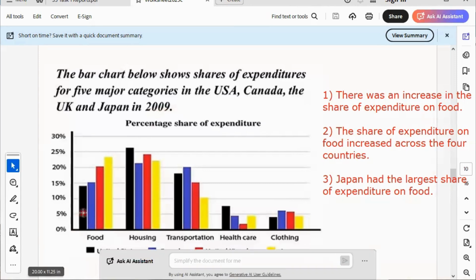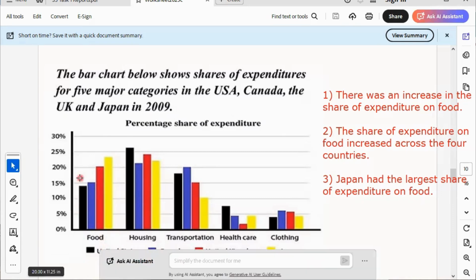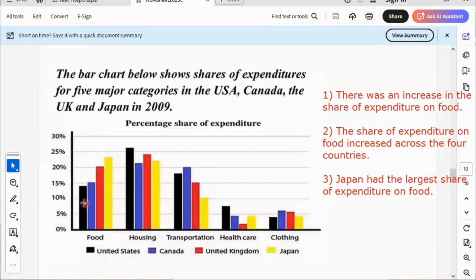If you say the food increased, what does this black bar represent? Does it represent 2008? Does this blue bar represent 2010? Does the red bar represent 2015? No, it doesn't represent years. It represents countries. So nothing is increasing. That's why number one is rubbish.